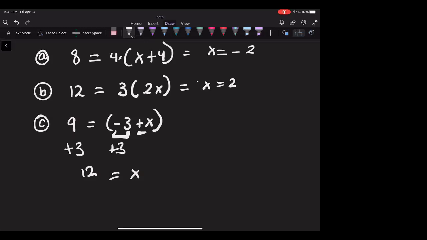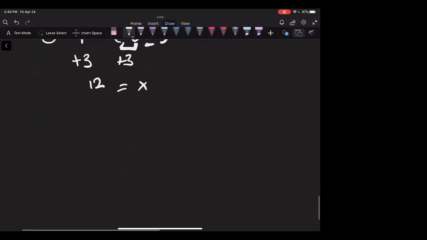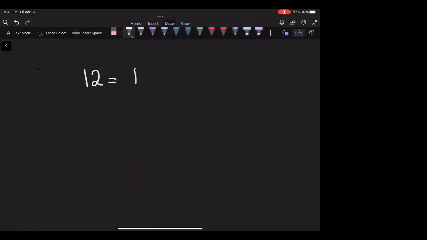Now I'm going to show you guys another question. So you're going to get a question like this. The first step is we look at everything outside of the brackets.